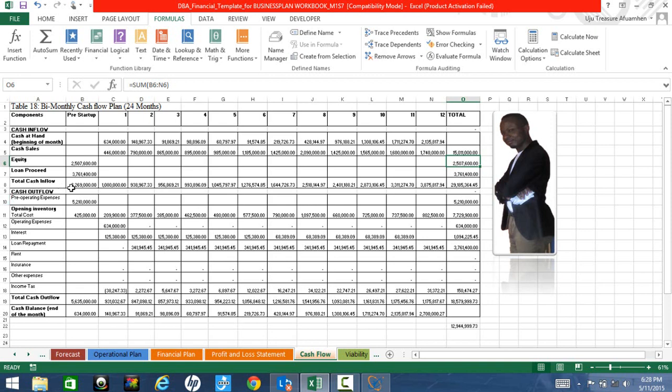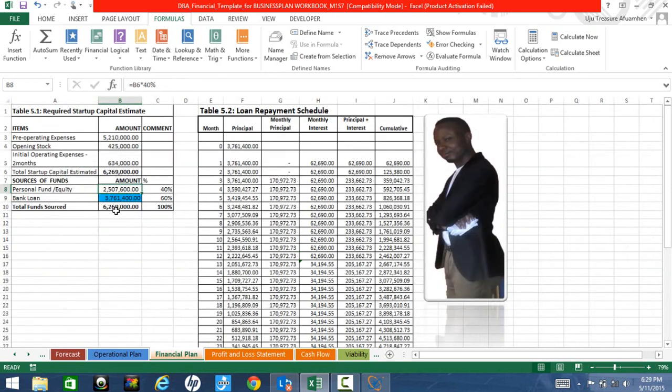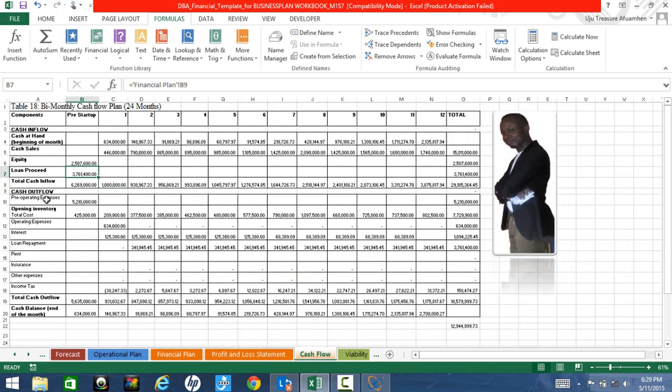Now the total cash inflow. Let's see the total cash inflow. We've seen equity, we've seen the loan proceed, 3 million plus, and it's coming from B9 of the financial plan. So I think you should be familiar with this now. B9, loan proceed. Good. So up to this point, we don't have any issue. We have the values there.